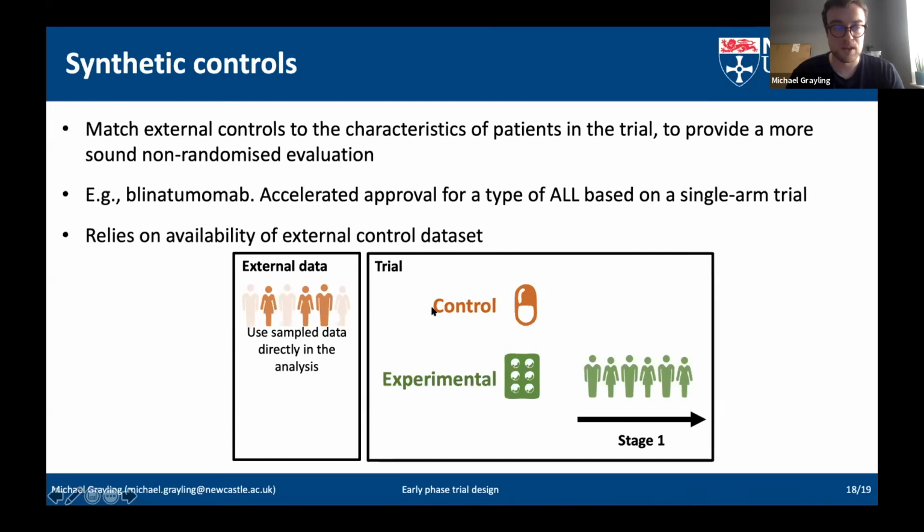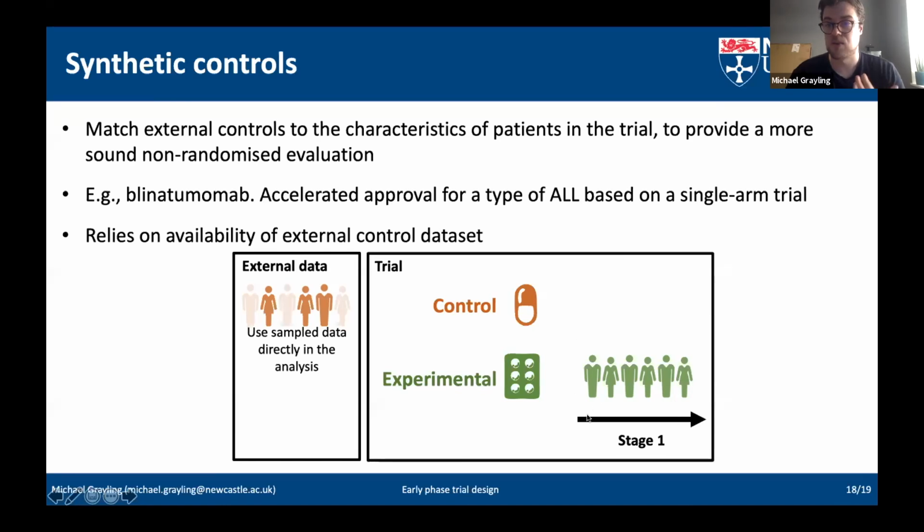And a good example of where this was done recently was blinatumomab, which ended up receiving accelerated approval for a particular type of ALL, that's a type of leukemia. So they conducted just a single arm trial, and they used a very large registry to actually sample from, and showed that the patients that they'd sampled were very similar in their baseline characteristics to the current experimental data.